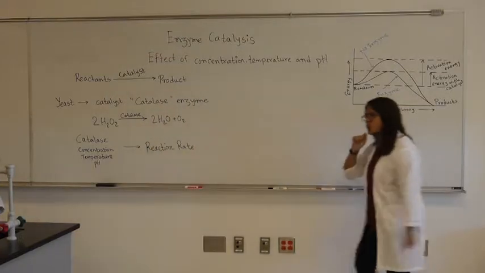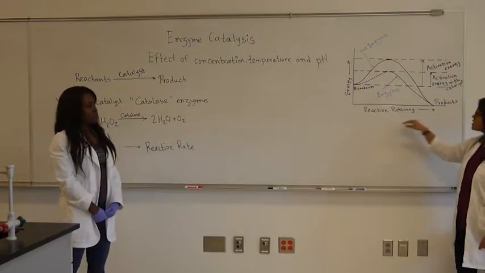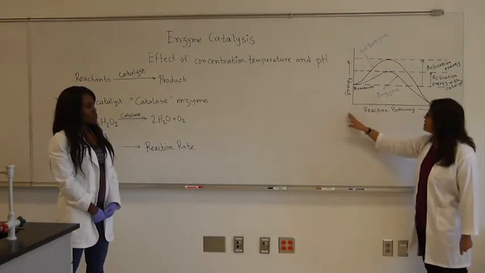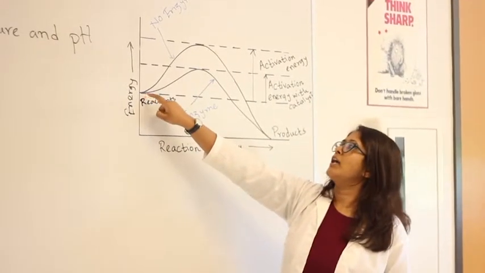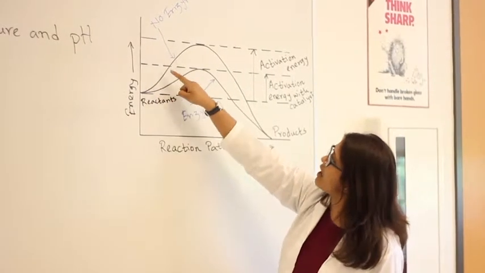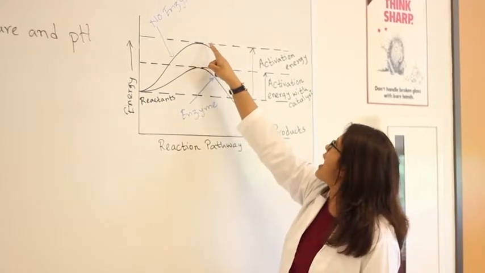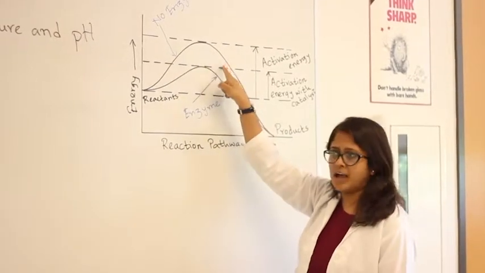So how does this work? Let's look at this graph. In a reaction pathway, you can see the energy that the reactants have, and to get to the product, the reactants have to cross an activation energy barrier, which is quite high.